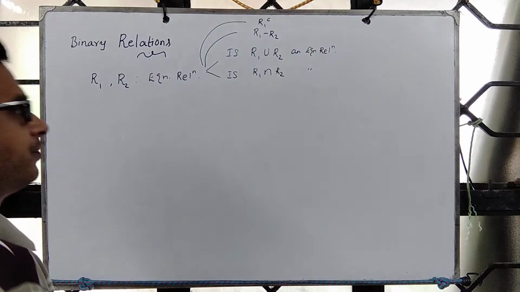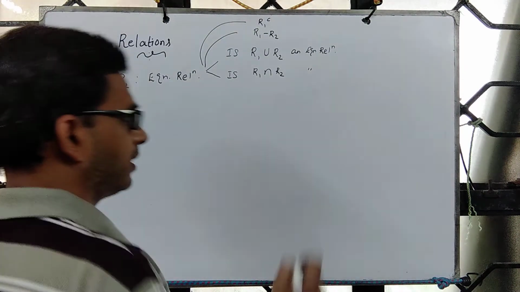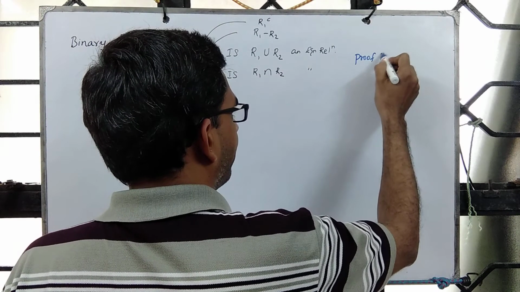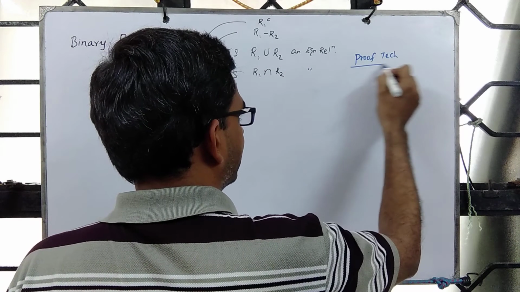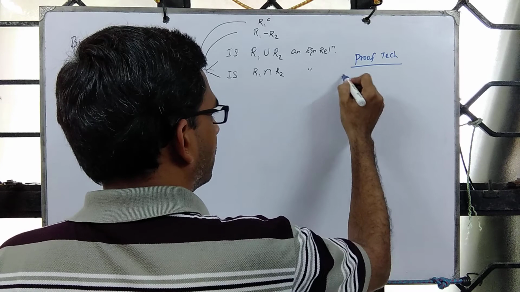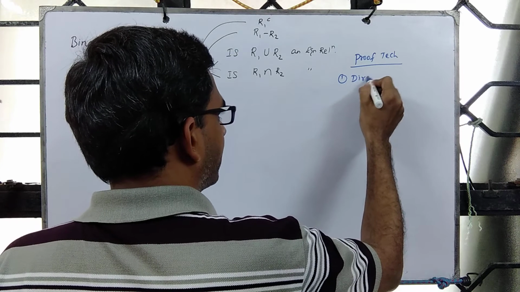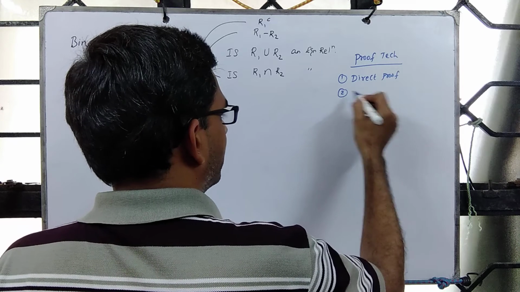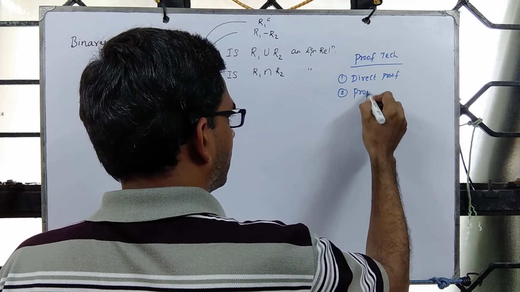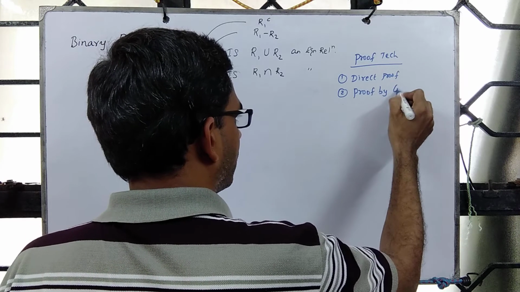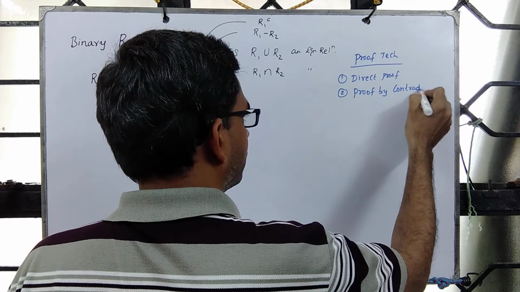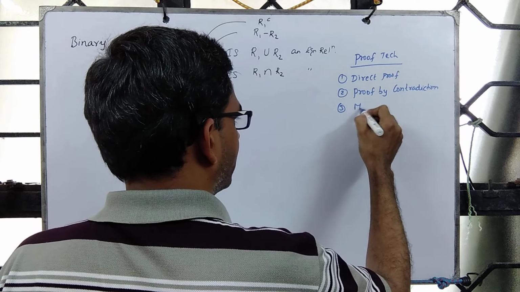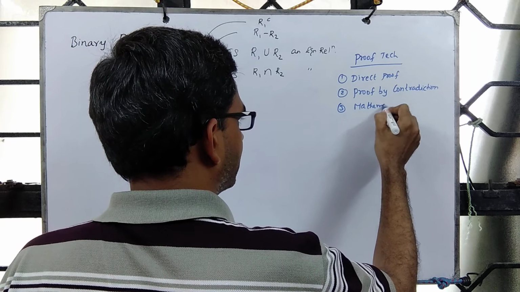Let's attempt a proof. There are various proof techniques which we come across as part of this course. One is direct proof. The other one is indirect proof or proof by contradiction. And the third one is mathematical induction.